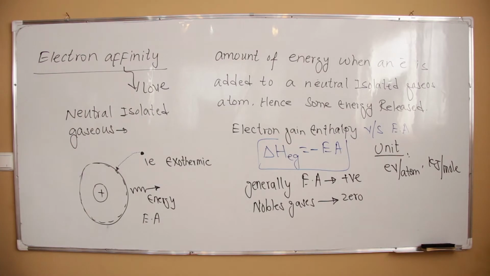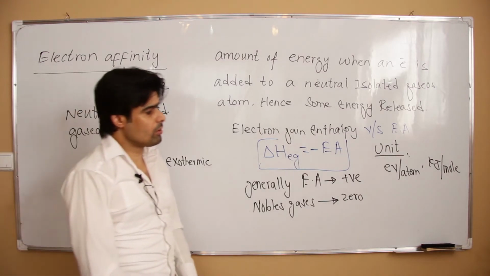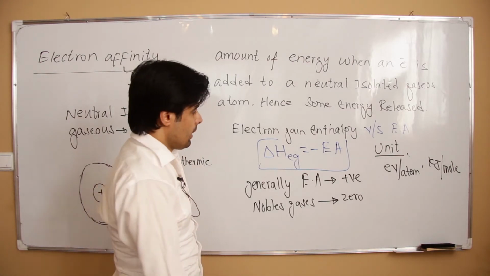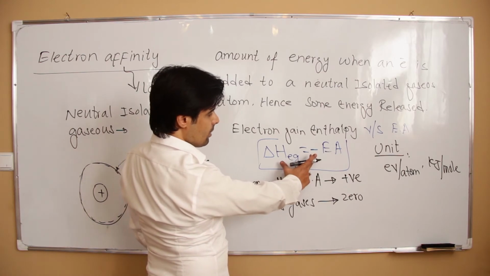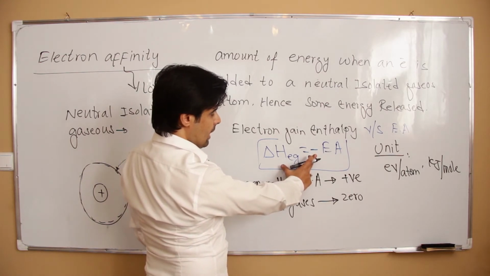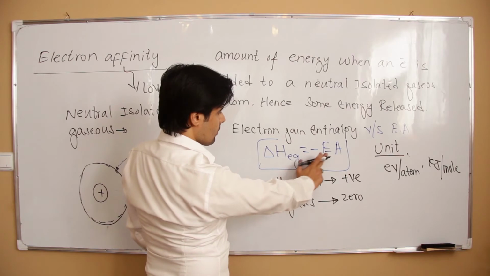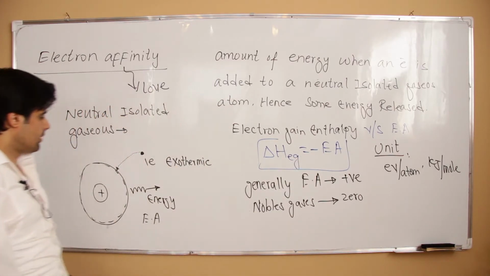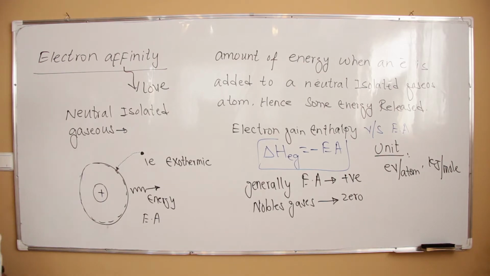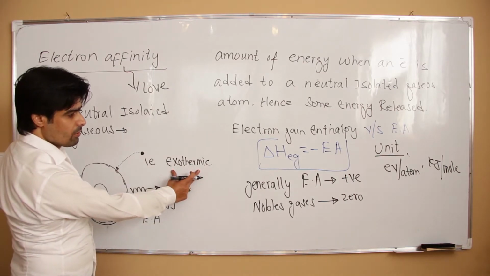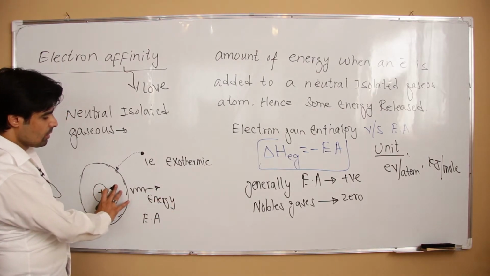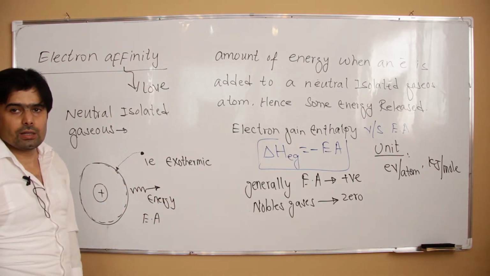The values are the same as for electron gain enthalpy, but the signs are different. And electron affinity is an exothermic process. Why? Because energy is released from the system to the environment. I think you have got it.